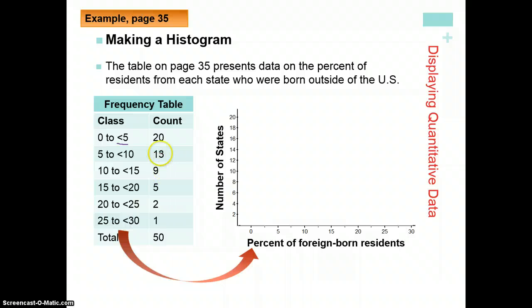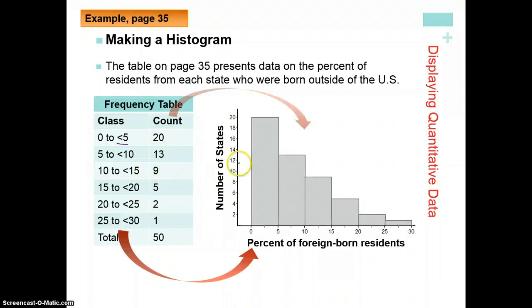So 13 states fell in that category. And when we would graph these, notice these widths. So from 0 to 5, there's 20. From 5 to 10, there's 13. 10 to 15, there's 8, or 9, sorry. So those are the counts.